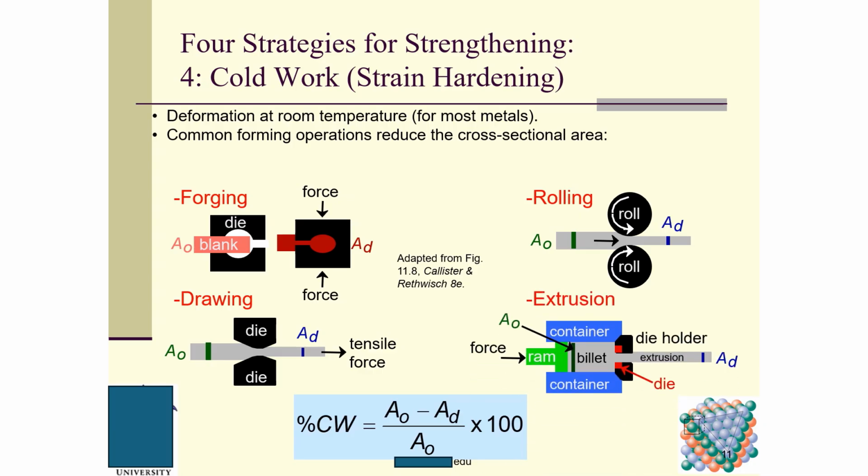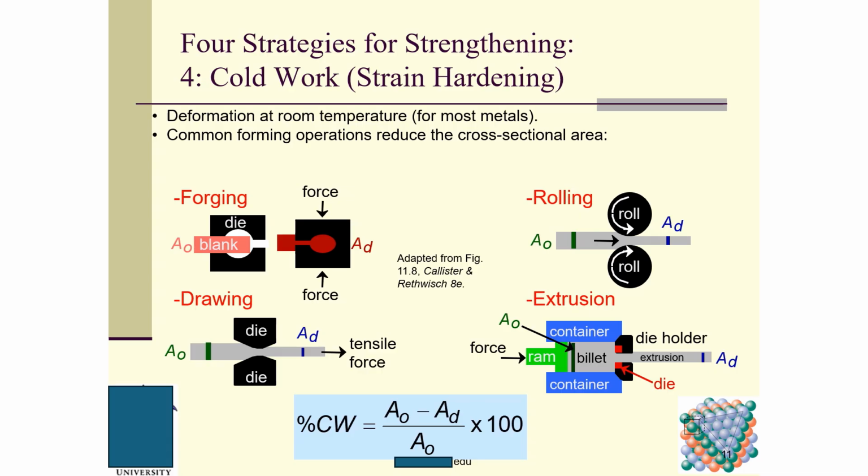Another example is extrusion. This is the container. The container is made of very hard material also. Here is a ram, and the ram moves when the force is applied. This billet is the raw material, and it will be pushed to pass through a much smaller orifice. This is the die holder. This is A0.